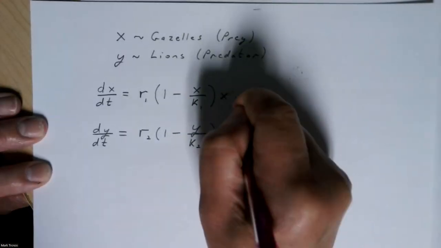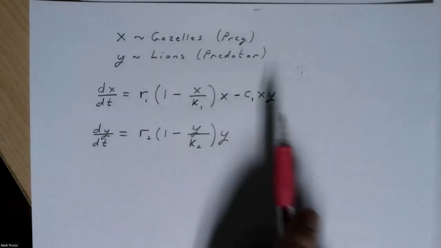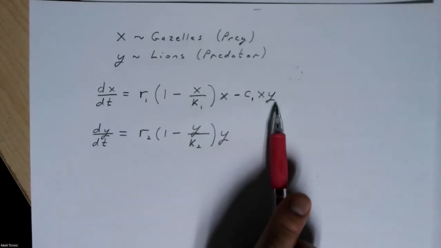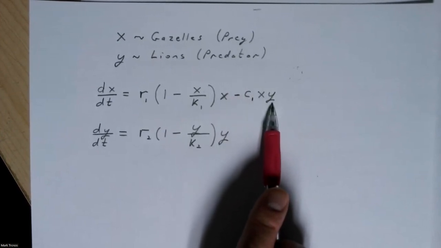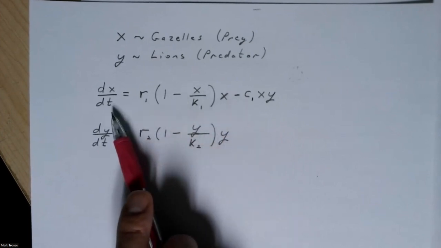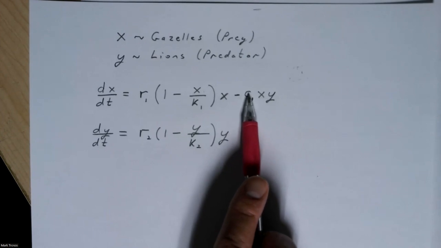And we'll put a negative here. So what this is saying, the more lions and gazelles there are, it's going to be x times y, gazelles times lions. The more interactions and the more gazelles are going to be eaten. Therefore, that's going to be negative.